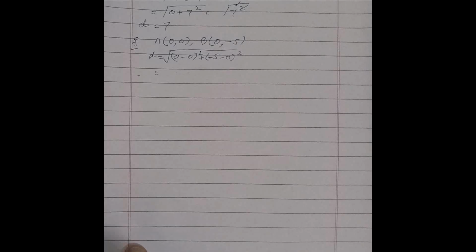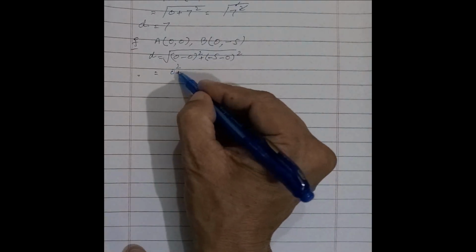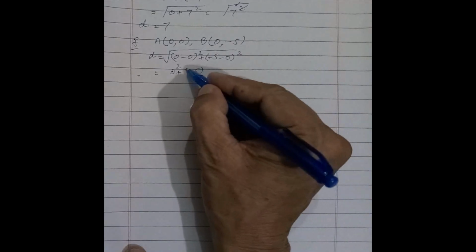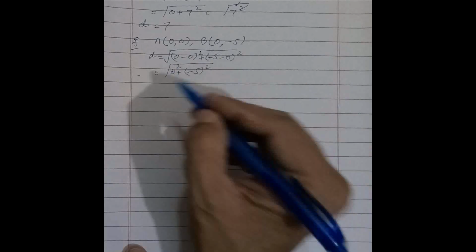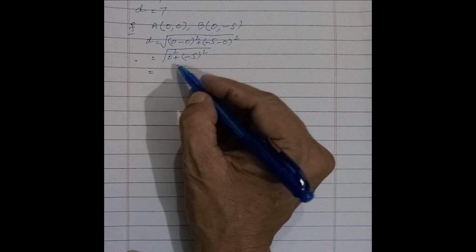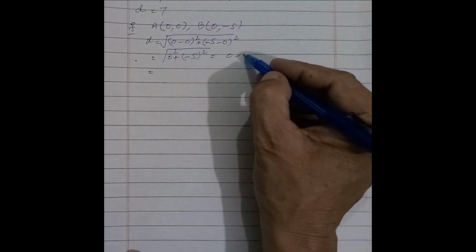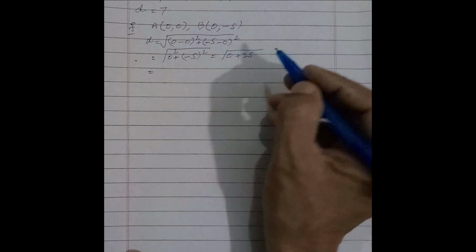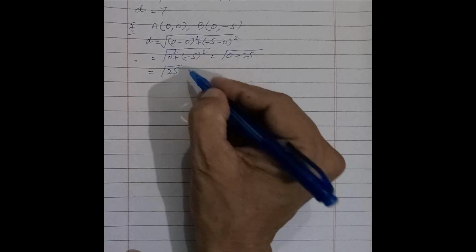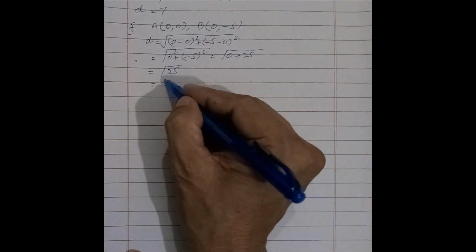Now simplify these values. 0 minus 0 is equal to 0 whole square plus -5 minus 0, the answer is -5 whole square, which is equal to 0 plus -5 square is 25 square root, and 25 plus 0 is 25 square root, and square root of 25 is 5.